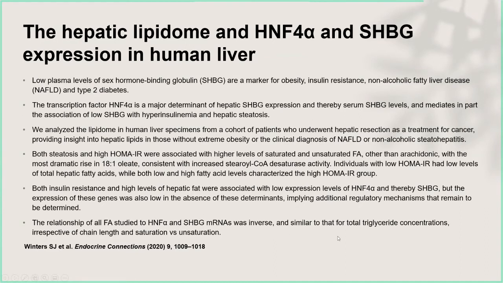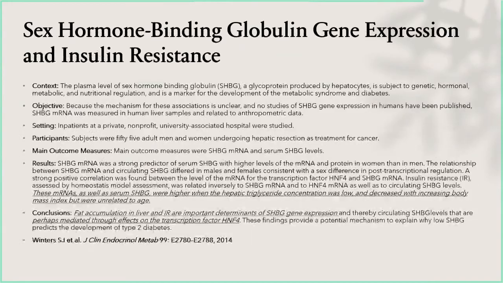So the reason I brought this up is because there is considerable interest in developing markers for identifying people at high risk and looking at progression of the disease. And one of the things is SHBG, which has been proposed as a marker for progression from prediabetes to diabetes, and may also play a similar role here.